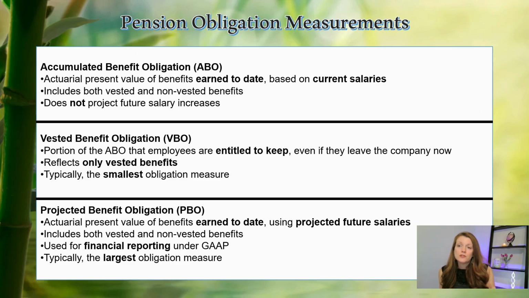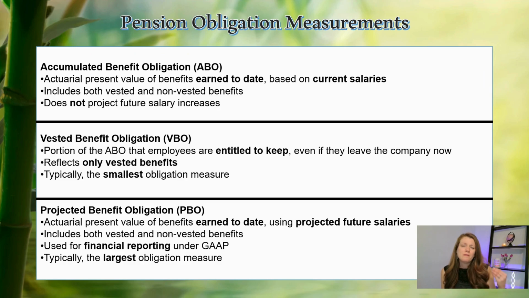So it includes the vested and non-vested benefits. Anytime you hear the word vested, when it has to do with retirement, this is how much the employee has the right to keep. So vested means they have those rights. If it's non-vested, they don't have the rights to the employer's side of that.